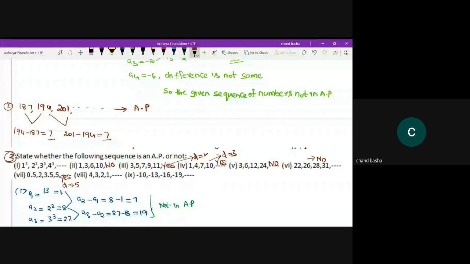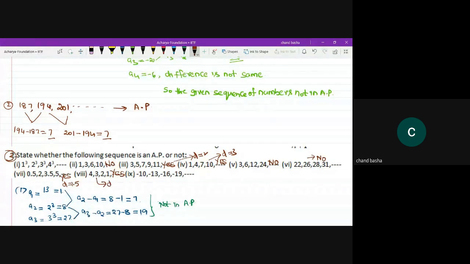The difference is how much? No, it is not 1. It is minus 1, sir. Yes, minus, that is important. Always let us take A2 minus A1, A3 minus A2.